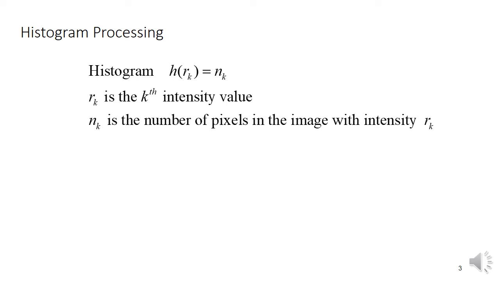So for example, you randomly select an intensity value which is say 80, and it is rk. So the number of all pixels which have this intensity value 80 in an entire image, if we count them, then this number will be nk.